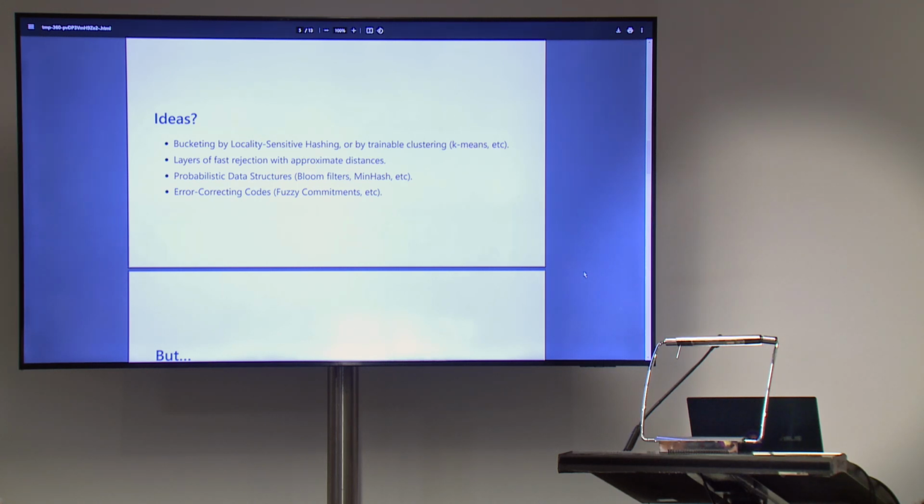If the query is close enough to be correctable by the code, you correct it, you find the code, and the database contains only a hash or a digest of it. So you try to correct, and if you find the same digest, you know that you have a match. So you can construct a search engine that way.